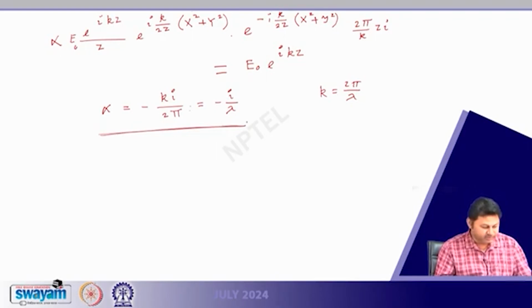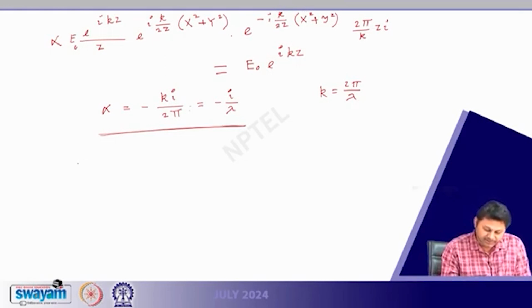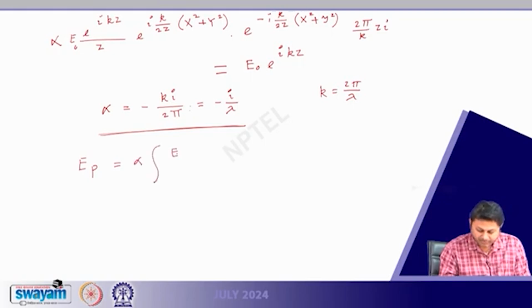So, next time when we calculate for a regular structure, maybe in the next class we will do that, instead of writing this field, so that means my E P, the total field will be, in the previous case we wrote that this is this integral of E naught divided by r e to the power of i k r, and over the entire aperture area, that was the form.